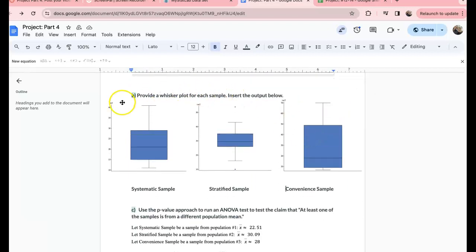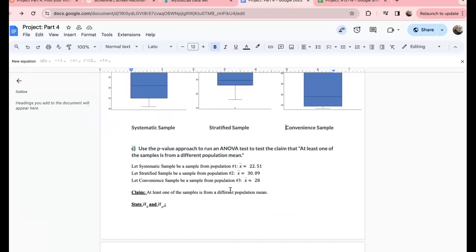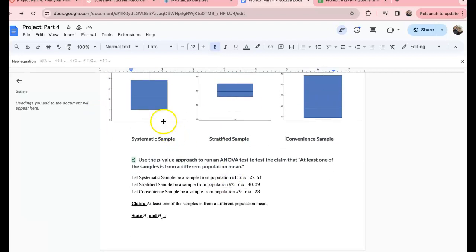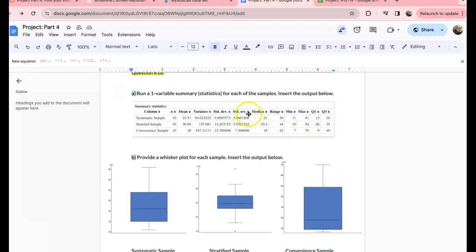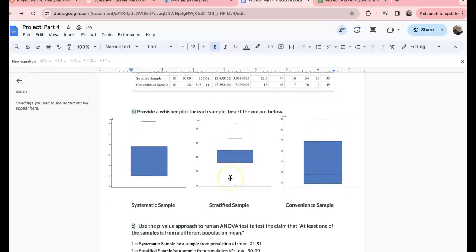On this part B, we were asked to provide a whisker plot for each sample, and here you can see we have the systematic sample, the stratified sample, and the convenience sample, so all 3 whisker plots there. And that can kind of show you the general idea of where their mean and quadrants lie too.